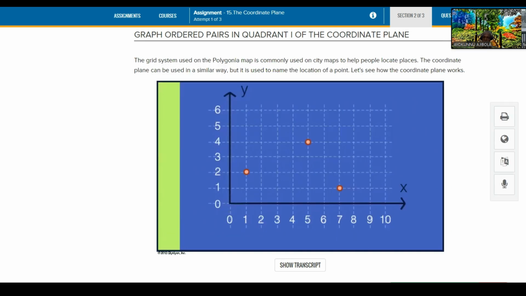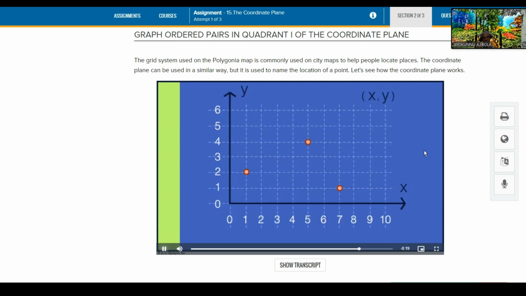To name a point's location, the distance from the origin along the x-axis is given, called the x-coordinate. Then the distance from the origin along the y-axis is given, called the y-coordinate. The name of the location of a point is given as an ordered pair, with the x-coordinate listed first, then the y-coordinate.